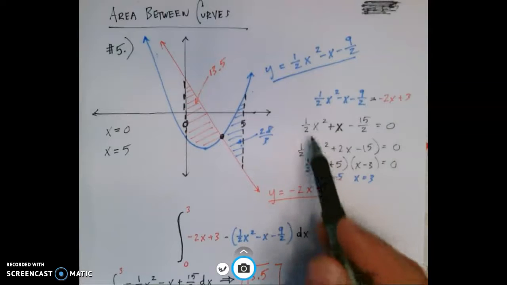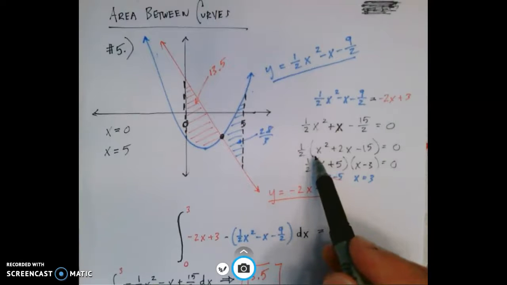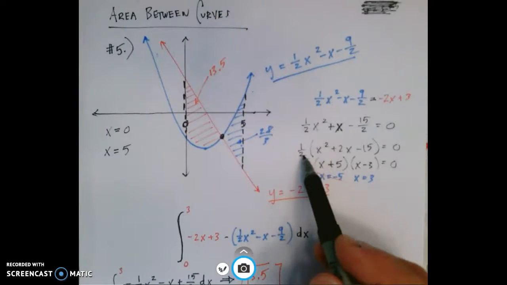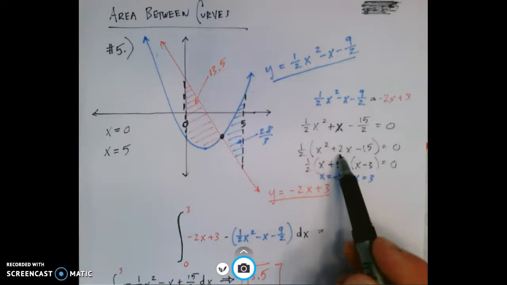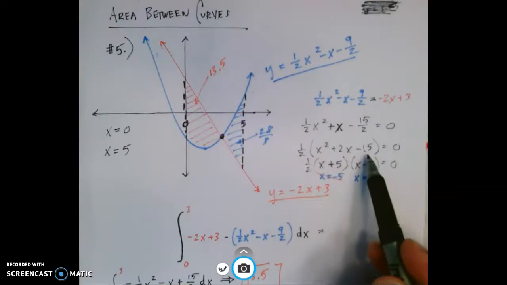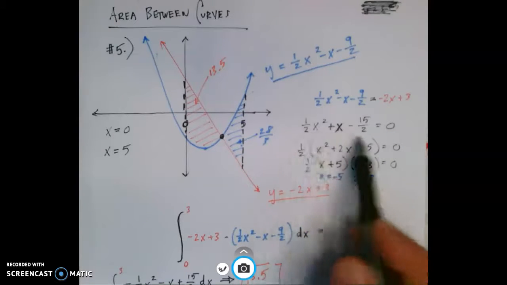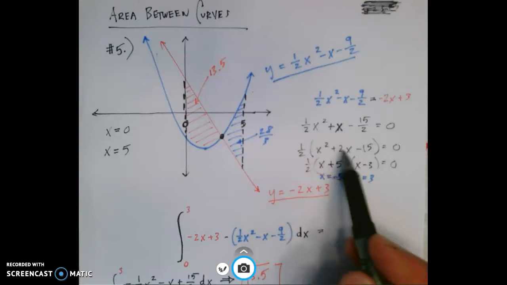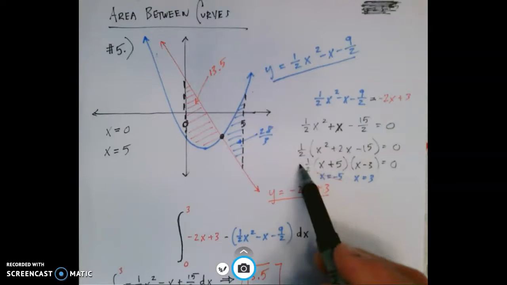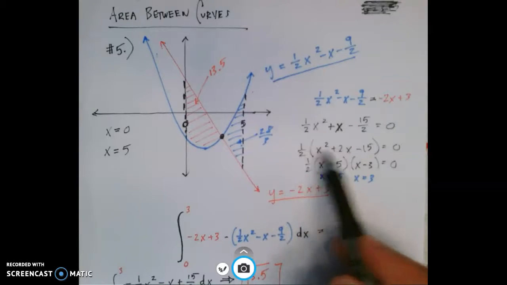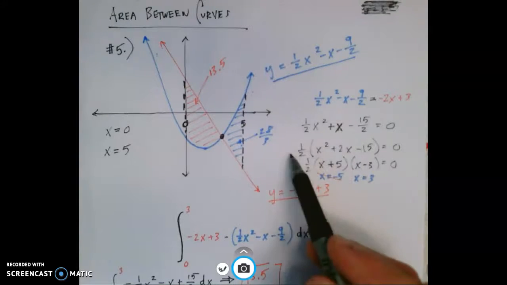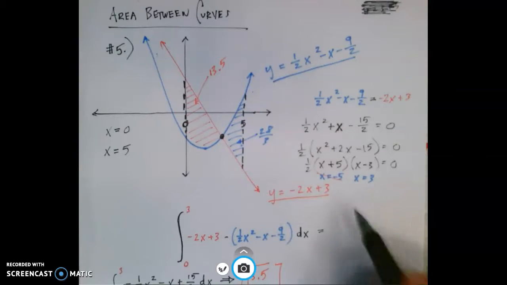We always prefer to have our leading coefficient of 1, so we pull out a 1/2, which gives us 2 here and negative 15 here. If I struggle with factoring out a fraction, I can always multiply back quickly and see if I end up with what I'm supposed to. So 1/2 times 2 is 1x, and 1/2 times negative 15 is negative 15/2. So we're good.